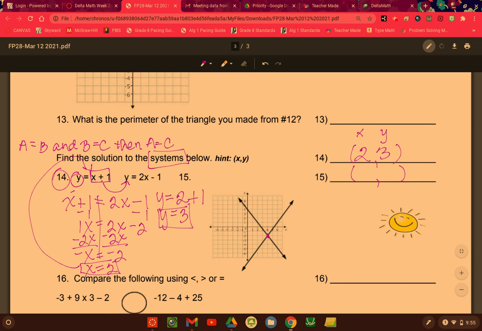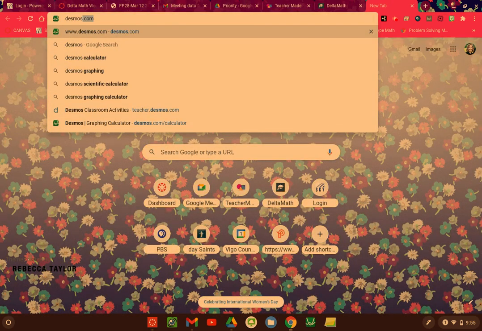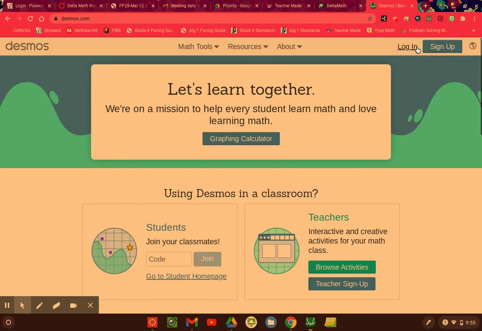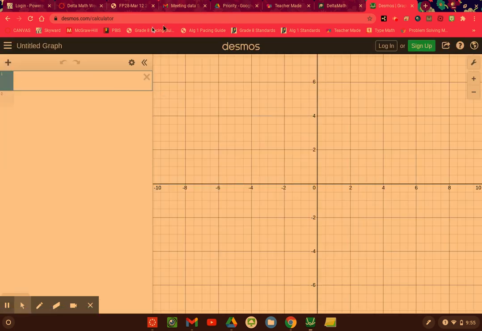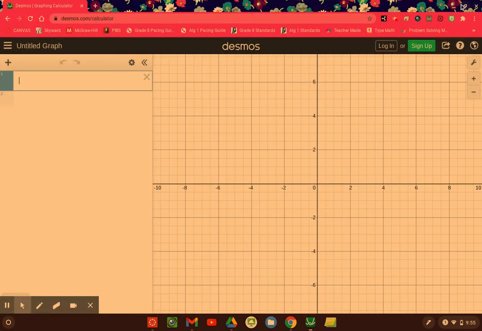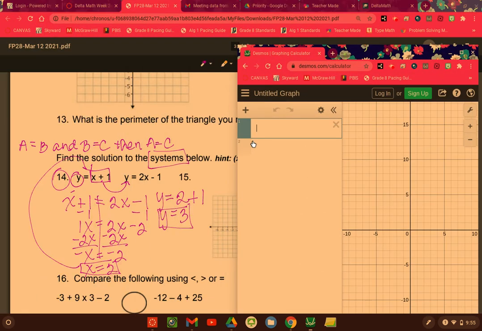And I want to show you this on Desmos just so you can see it, okay? So I'm going to go to Desmos graphing calculator. And let's just go to the graphing calculator. And again, let me pull this out here like this. So I can go like that.